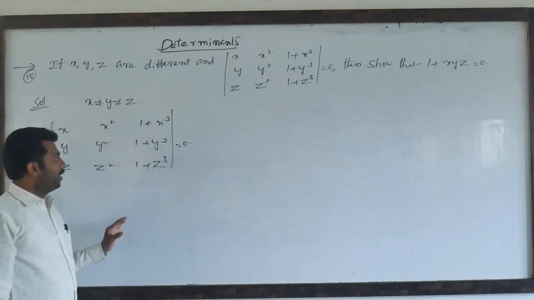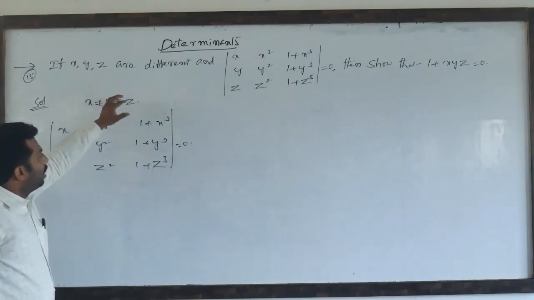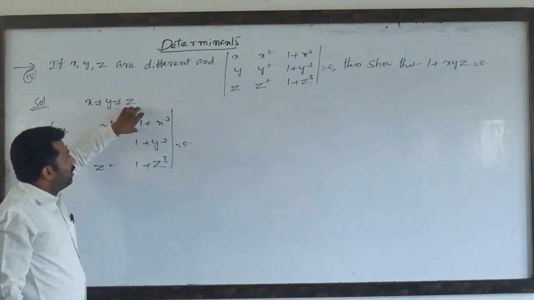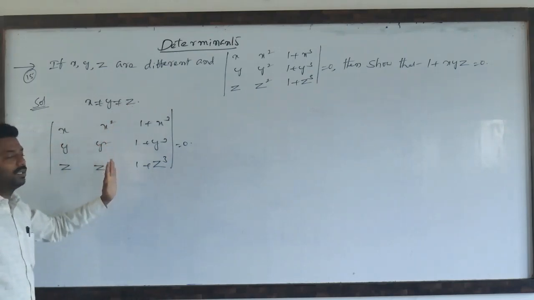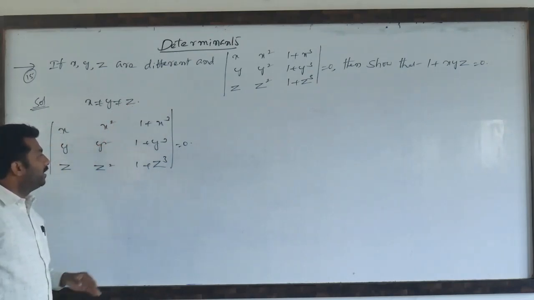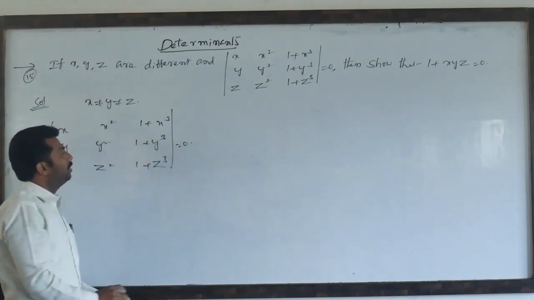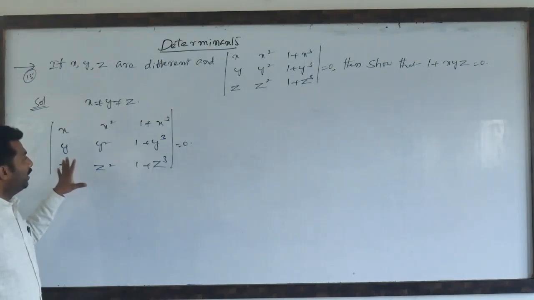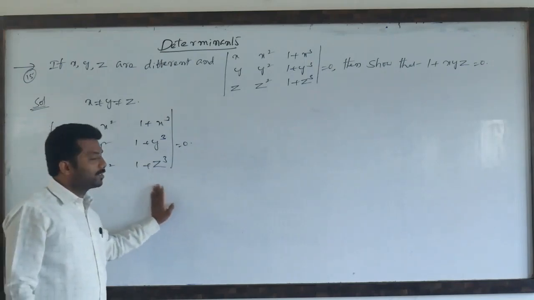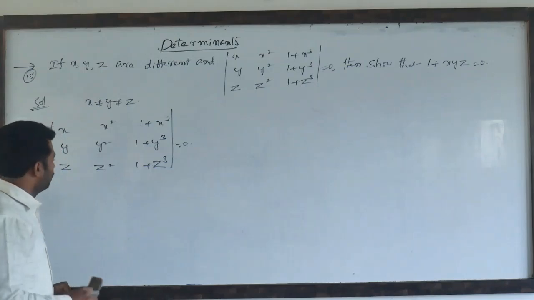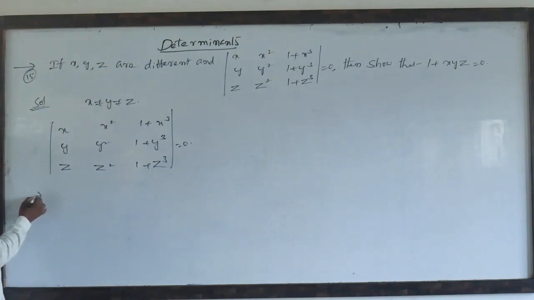One of the properties: if all the elements of a row or column are expressed as a sum of two terms, the determinant also can be expressed as the sum of two determinants. How to write the sum of the two determinants?